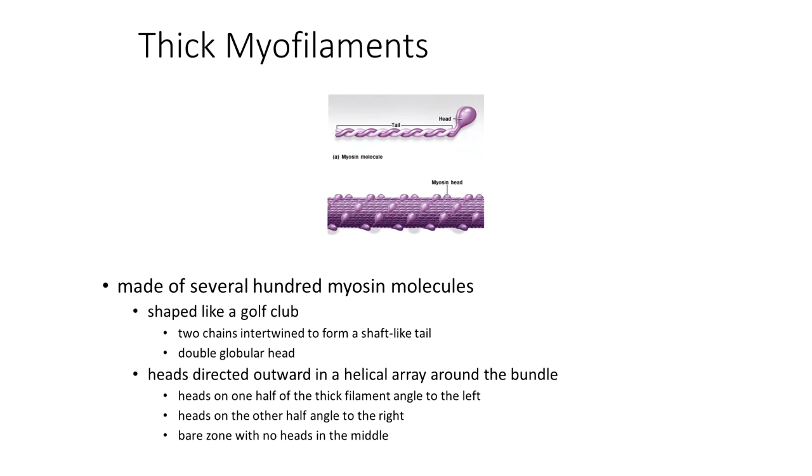And they have a double globular head. The heads are directed outward in a helical array around the bundle. Heads on half of the thick filament angle to the left, while the other heads angle to the right. And then there is a bare zone with no heads in the middle.